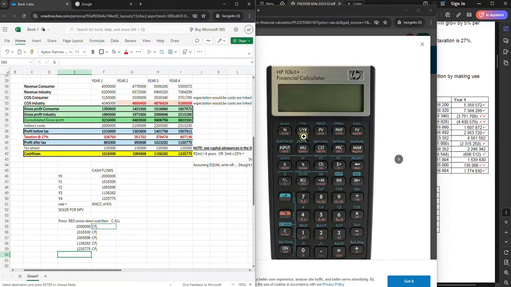That's nominal. NPV is what you're solving for. So I think this I/YR will work. Yeah, that's it. Let's put that in as 6. So 6, and then the I/YR. Then you press the red button and select the NPV, and then you'll get an answer.